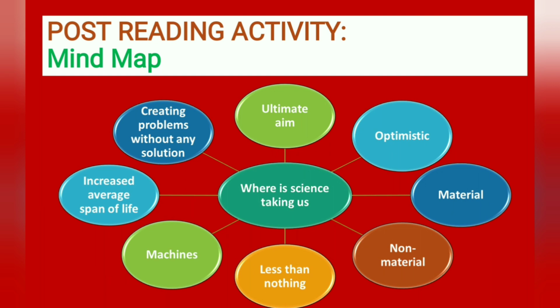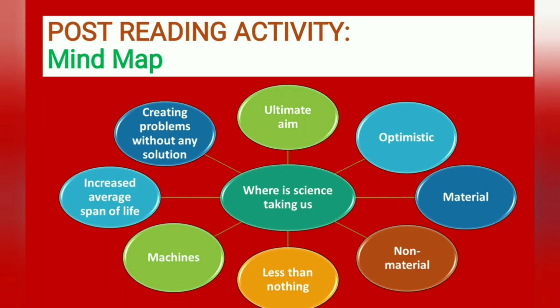So these words are quite helpful in recreating the main points. I hope you have done your work. So let's try to sum up the whole text with this mind map.